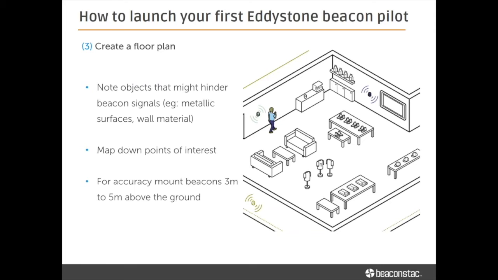You might also want to look for other things like sculptures or fountains, or even the occupancy capacity of your deployment space. Because if your space has the potential to be hugely crowded, even that can block beacon signals from reaching the user's smartphones. So you need to keep these things in mind before you decide on the points of interest where you want the beacons to be mounted.